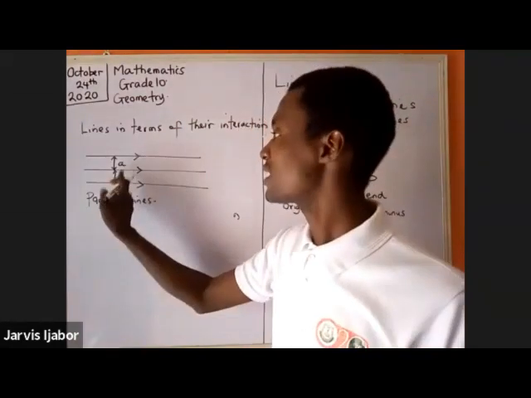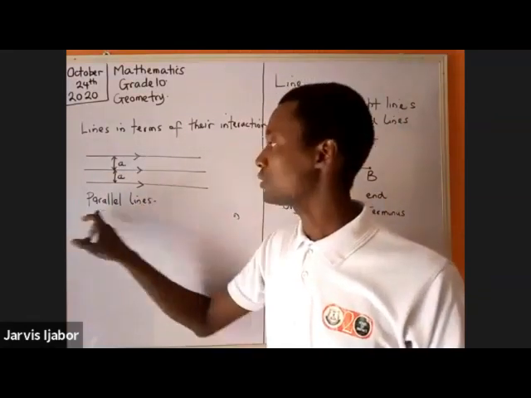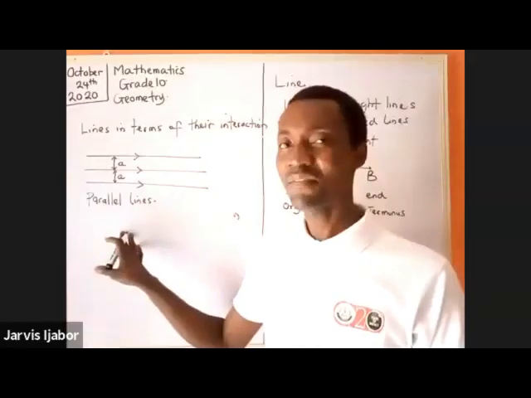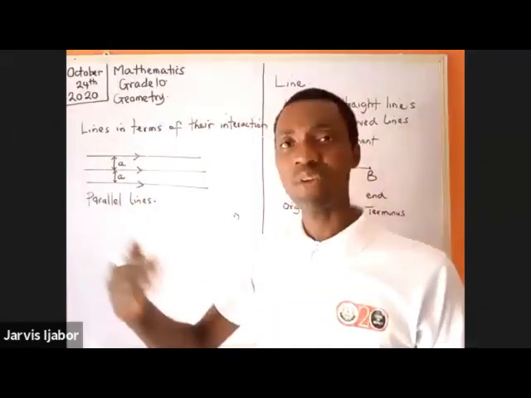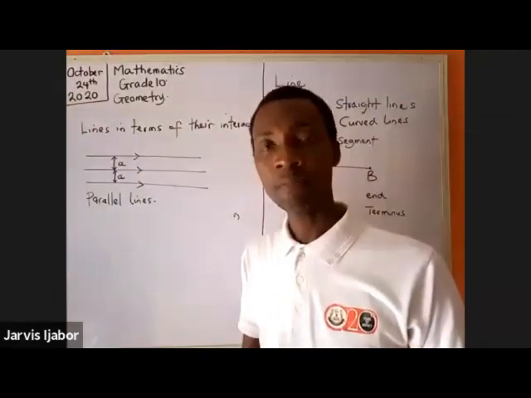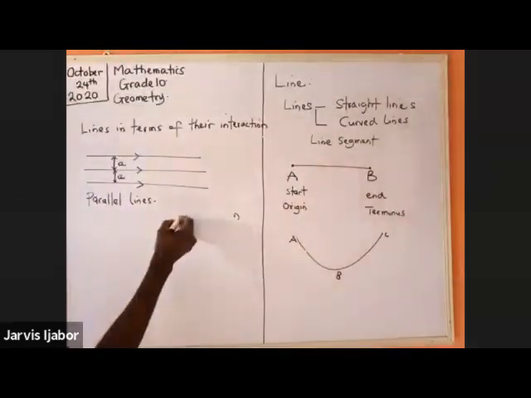Now, if the spaces between the lines are the same, what we get is what is called a parallel line, or rather a set of parallel lines. Parallel lines are usually treated as an interaction between lines. That being said, we also have what is called intersecting lines.